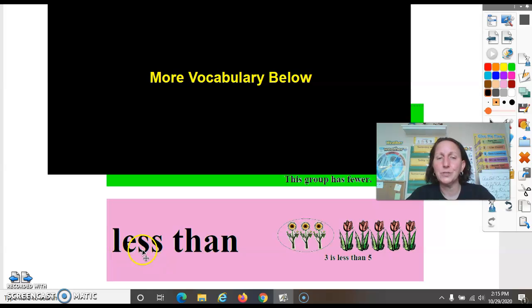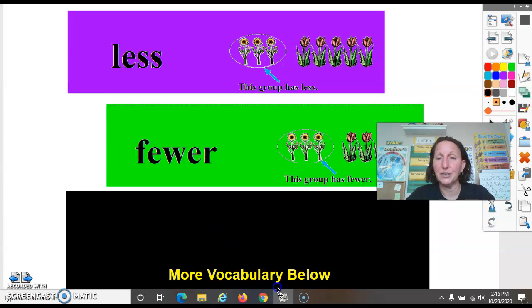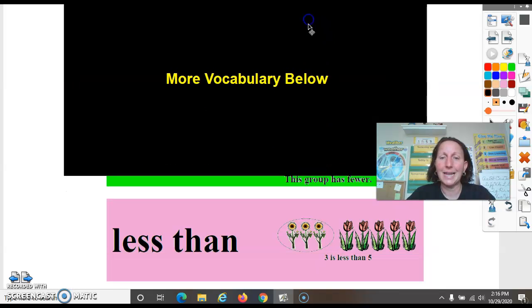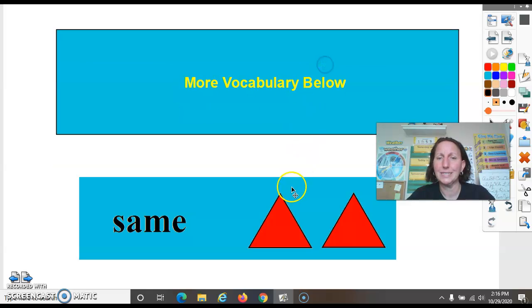So whenever you want to use the words less than, you actually have to give a number. See, in this one, we didn't have to give a number. We could just look at the picture and say it has fewer or it has less. But when you use the words less than, you actually have to count to see how many are in each group. The other word we've been using is the word same.